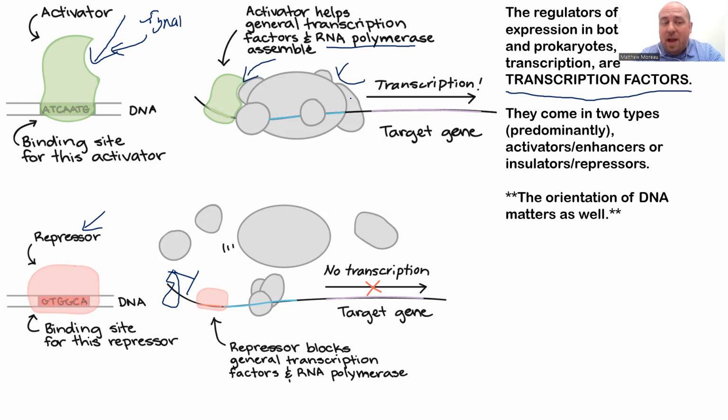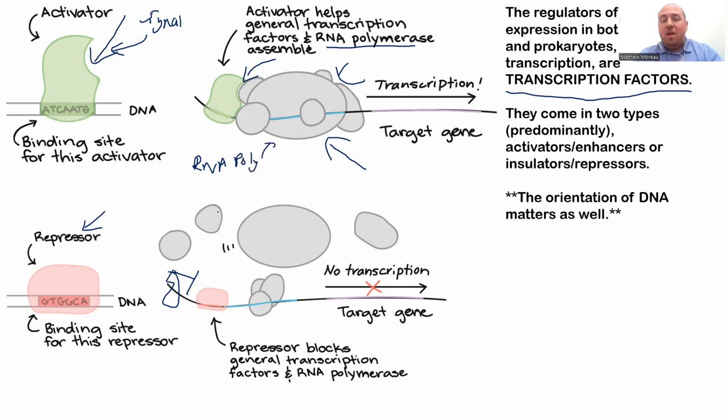And for what it's worth, activators also are important for not only engaging or enhancing or synergizing the creation of this complex, but it also attracts more RNA polymerase and other factors of the transcription complex to the site of the promoter.